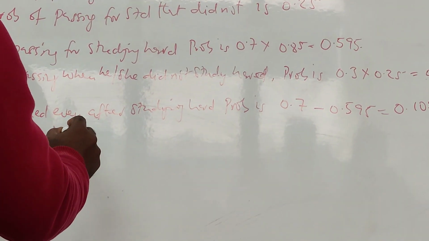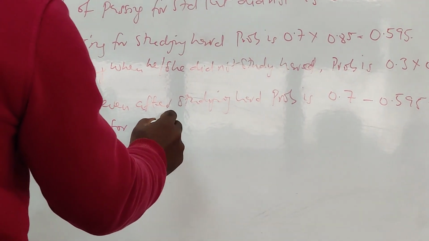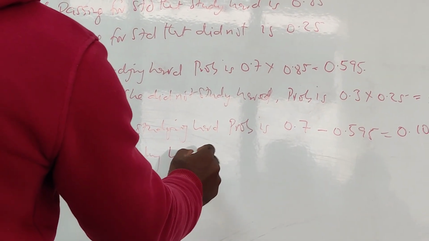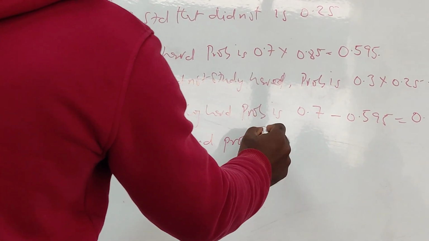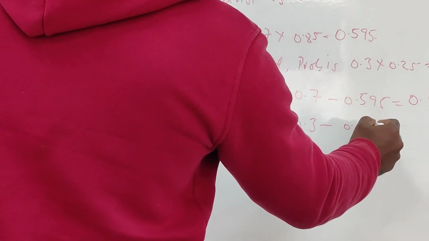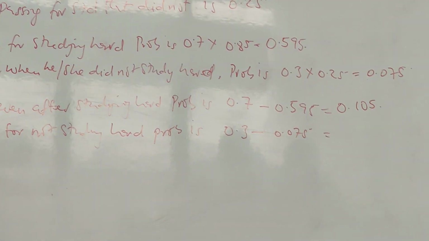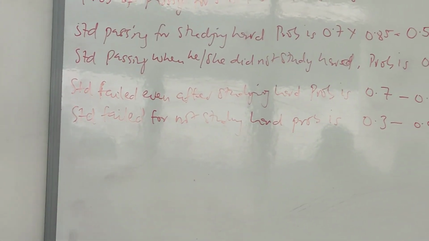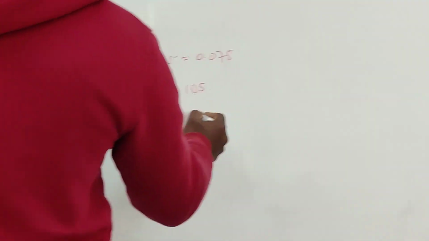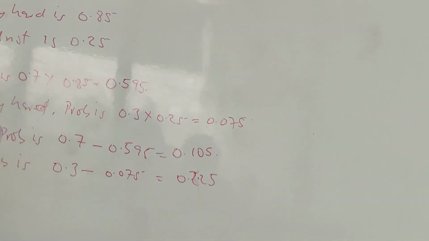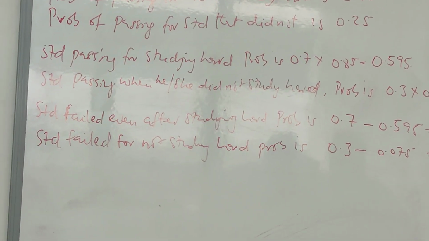Now, students failed for not studying. Probability is 0.3 subtract 0.075, which is 0.225. So we can now draw our table because all the information to draw our table is completed.